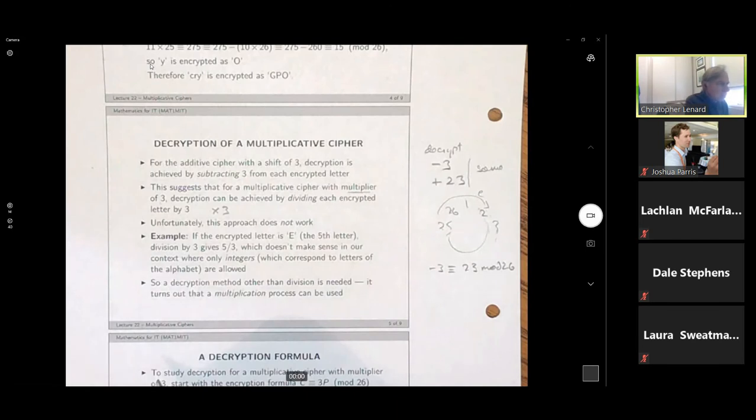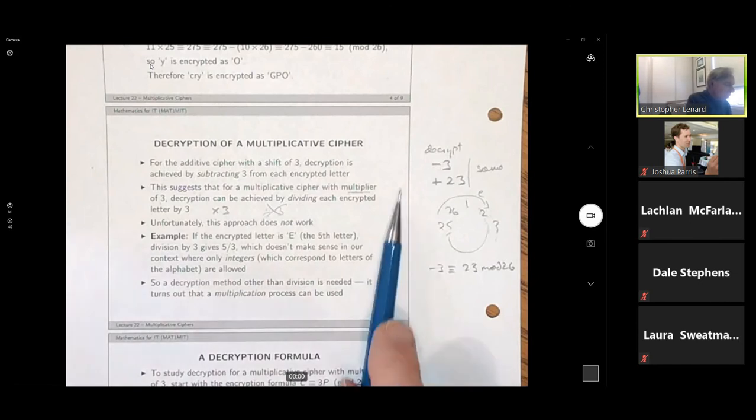The letters are either the first, second, third, fourth or fifth, and 5/3 is somewhere between the first and second letter. So there's no letter in between. Decrypting by dividing doesn't work.